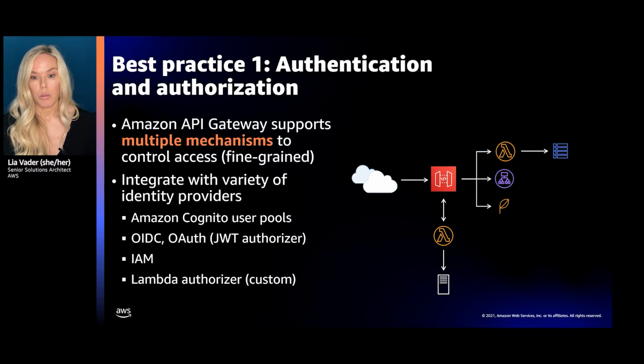So with the JWT authorizer and Cognito user pools, you can authenticate a user by validating tokens through checking the issuer, client ID, timestamp, signature, and authorization scopes when specified. And this would be for any IDP when you're using the JWT authorizer or specific to tokens from Cognito user pool.